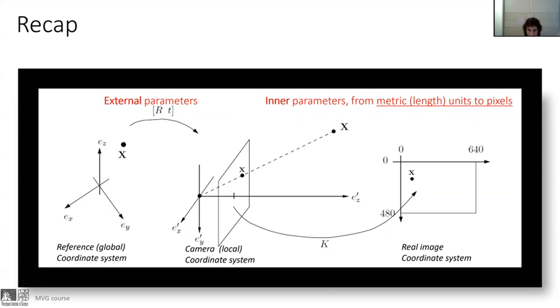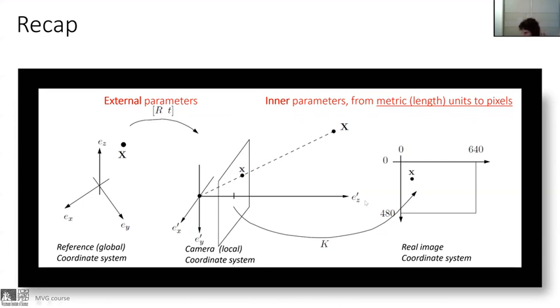Any questions? Yeah, as K is linear, it means that the real image here is infinite, right? What do you mean by that? The image is not infinite. The image is finite. It's the CCD of the camera, the sensor of the camera. You have, I don't know, 100 by 100 pixels.